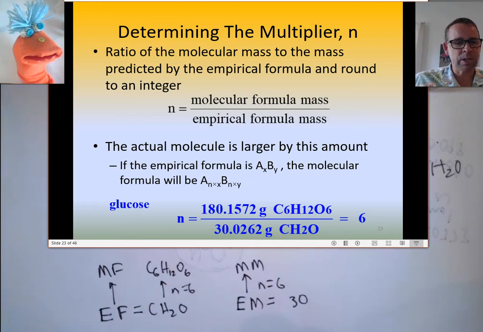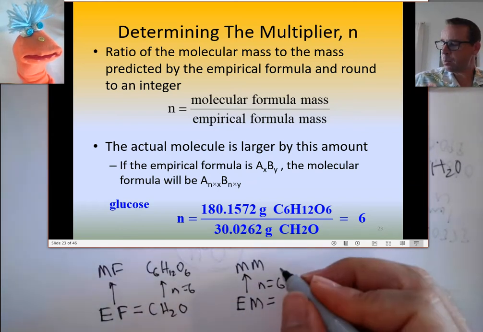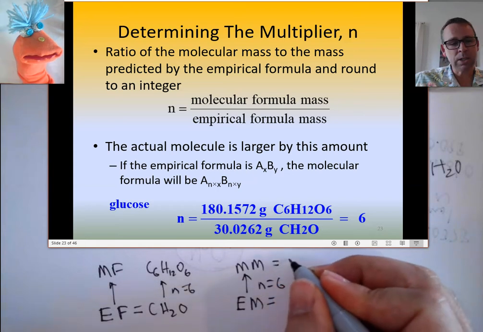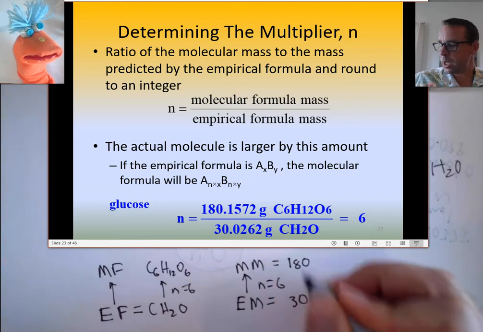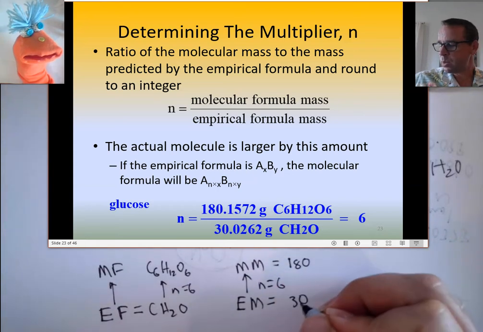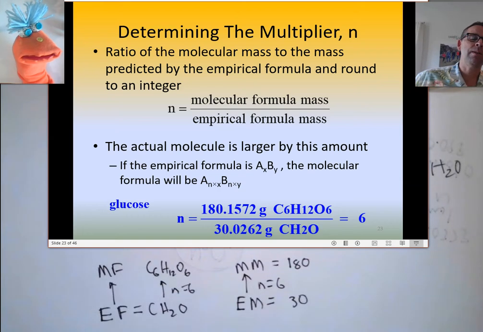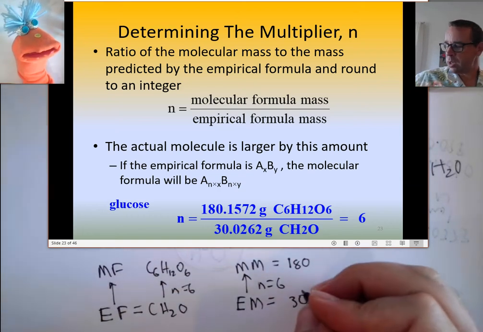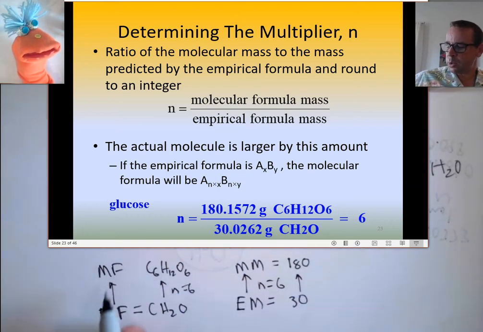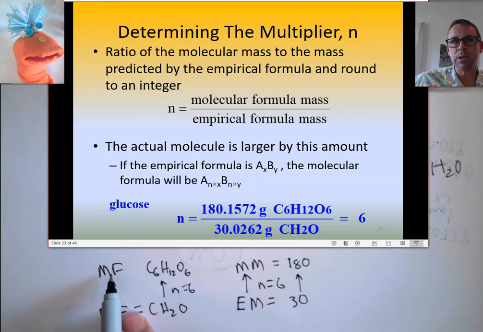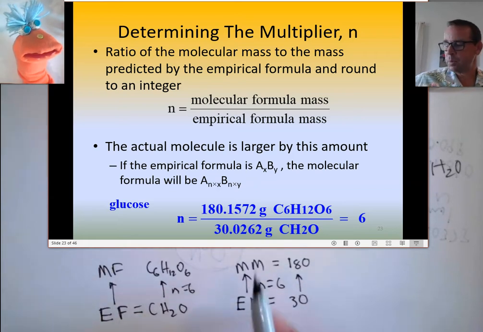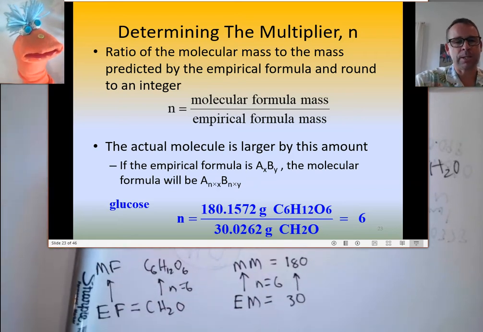That's what they're showing on this slide. And then our molecular mass would be given to us, 180, or if we knew this and we knew that, we could find that. Okay? So, just like there is a multiplier between the empirical formula and the molecular formula, there's a multiplier between the empirical mass and the molecular mass.